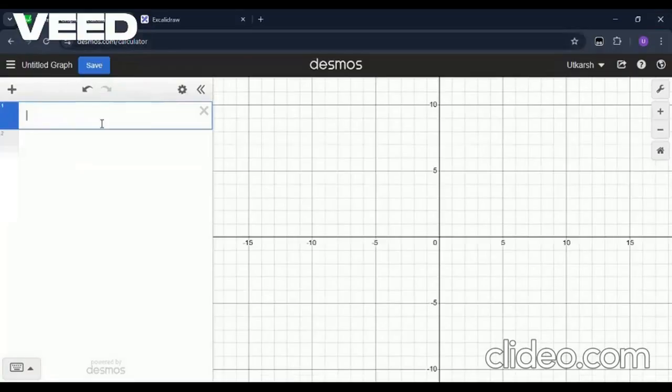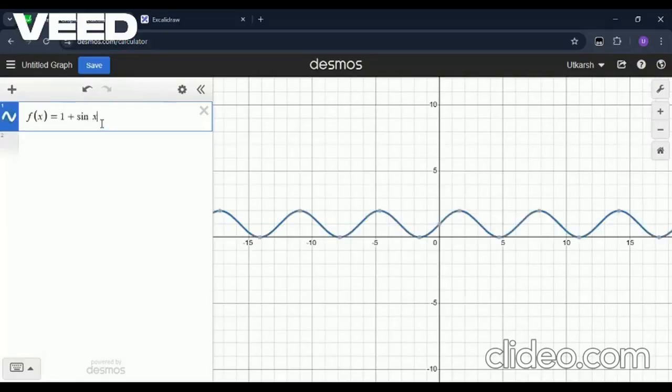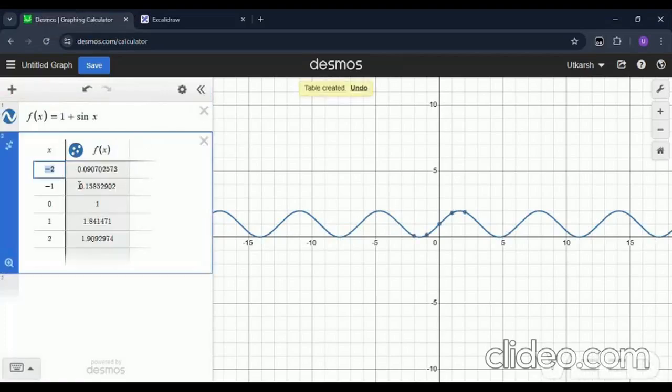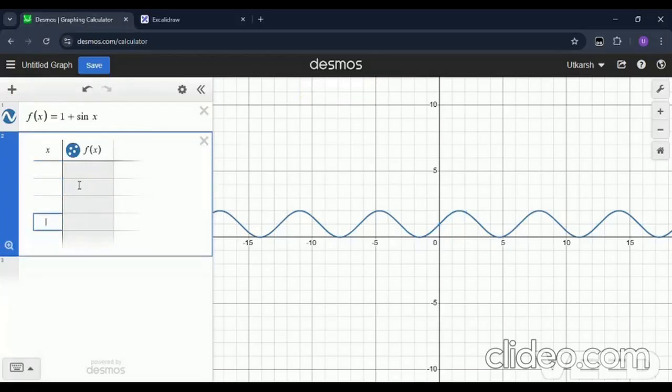Now there's one more feature which Desmos provides. Suppose you write f(x) equal to 1 plus sine x. Now you click on the settings tab, and there you can see the create table feature. Okay, so it basically creates a tabular form of data where you can plug in the values of x, like suppose I put in x as minus pi.